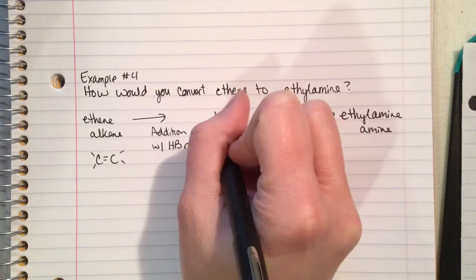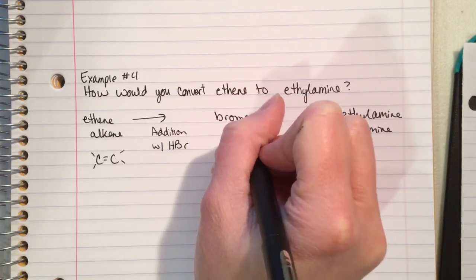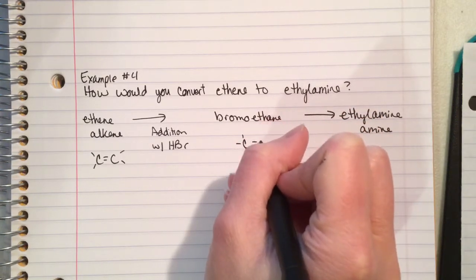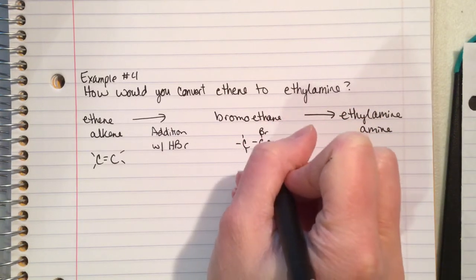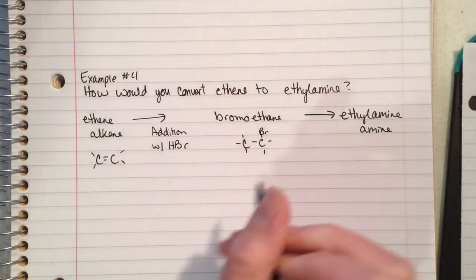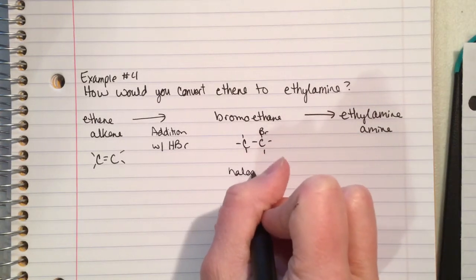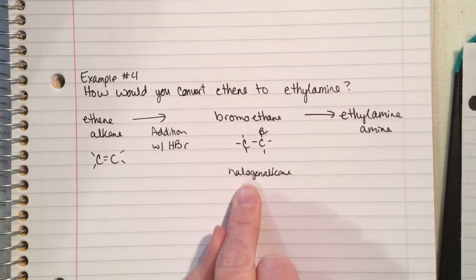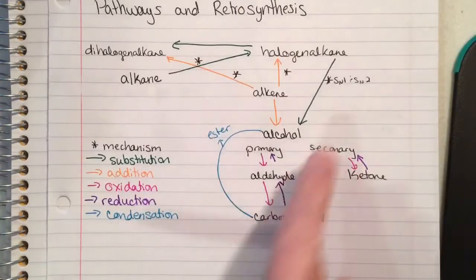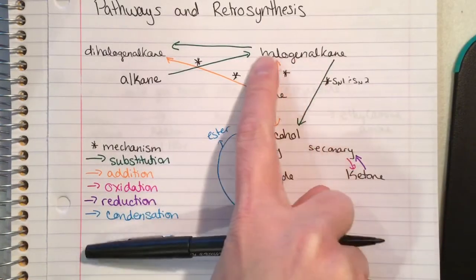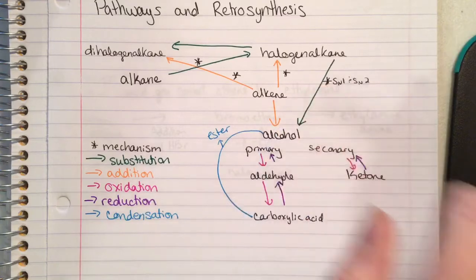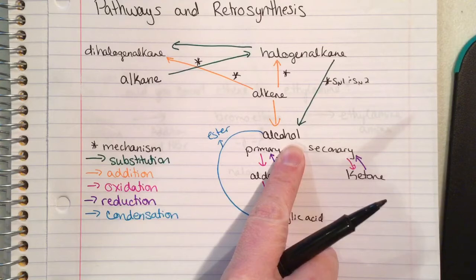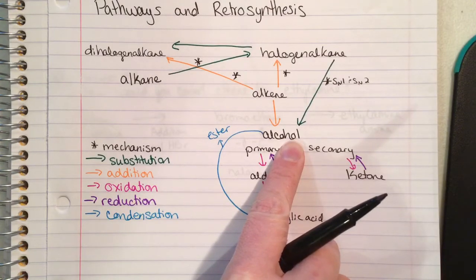Then that will get us bromoethane. Okay? And our halogen alkane. So now that I have a halogen alkane, one of the biggest things that halogen alkanes can do are these substitution reactions. Notice these green arrows coming off of it. So in an SN1, SN2, we substituted using hydroxide to turn them into alcohol.